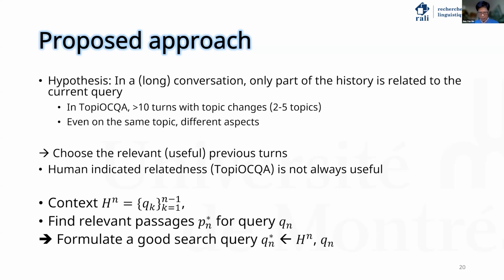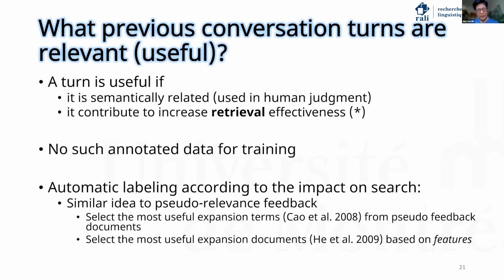So that's the task. Now, how can we select the useful terms? So a previous term is connected to the current term if it is semantically connected. And this criterion is likely used by human judgment. So when human beings annotate which previous term is related to the current one, this is likely the criterion used.